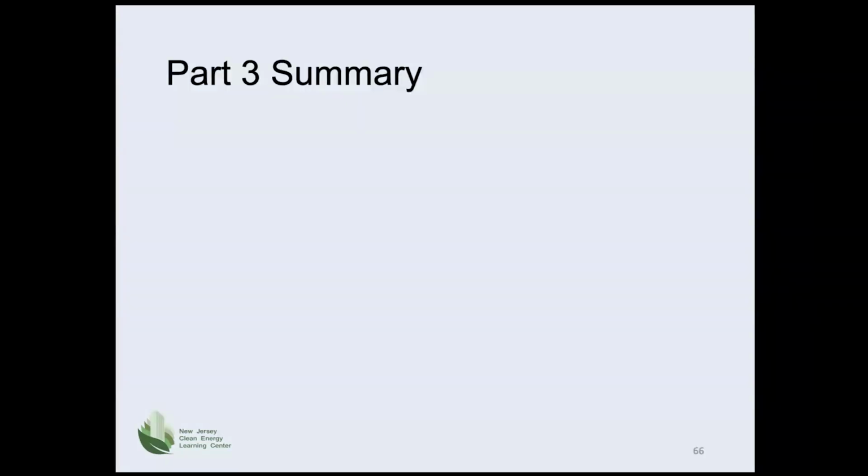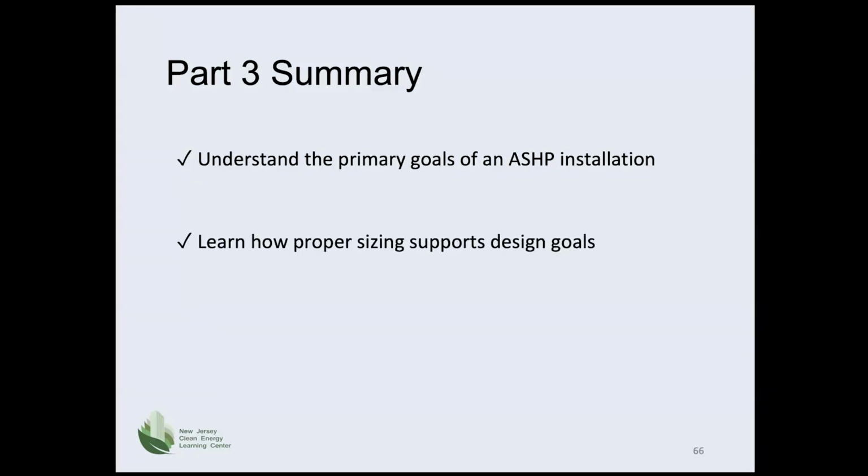Now in part 3, we learned that we need to meet the home's heating load on the coldest day and have a turn down ratio that allows for not providing too much heat on a mild day and still operate at high efficiency. The installation's effectiveness is also dependent on the quality of the delivery system and its match to the home's thermal requirements. We heard that systems that are too small won't meet the loads.